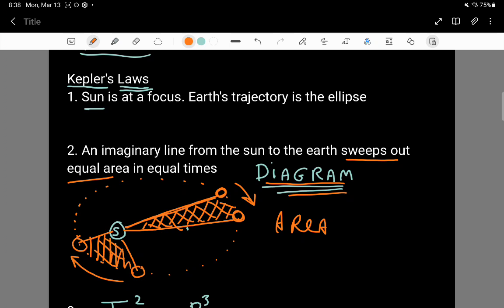So the idea is let's say for this piece of the orbit, this actually is when the Earth is far away from the sun, it's going to be moving the slowest.